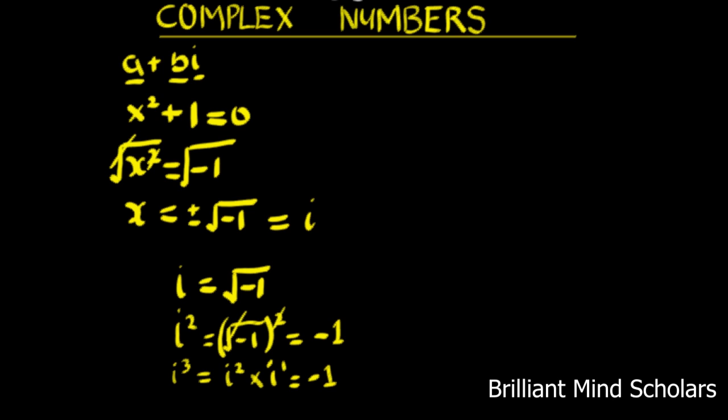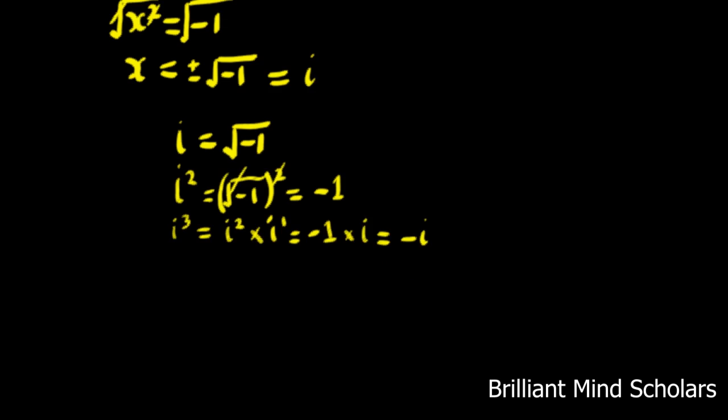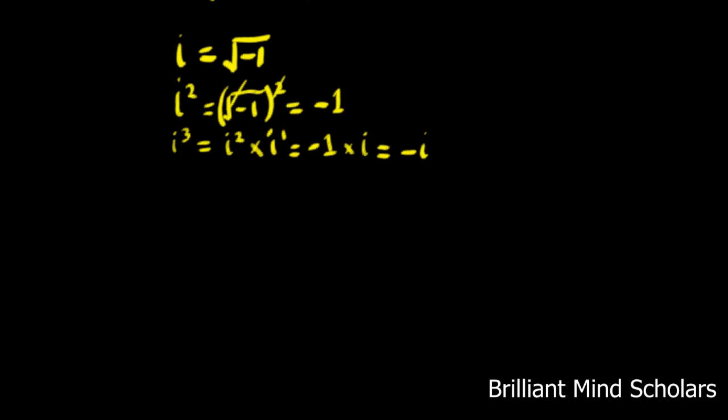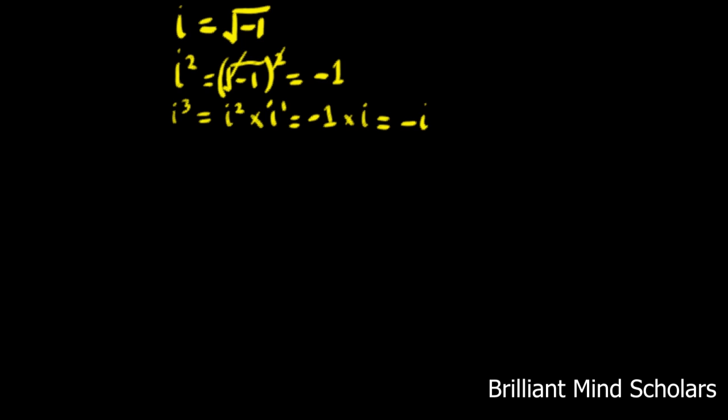So it means that i raised to power 3 gives us minus 1 times i. So minus 1 times i would give us minus i. As such, i raised to power 3 gives us minus i. So we have it that i squared would give us minus 1, and i cube would give us minus i.